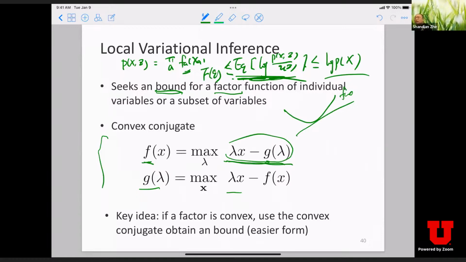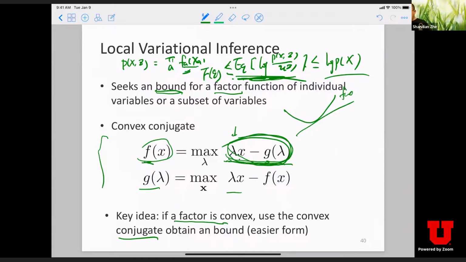So the idea is that if I have some factor which is convex, I use the convex conjugate to replace this factor in my probability distribution by its lower bound. What's the benefit? In this lower bound, regarding x, it is just a linear term: some lambda times x, subtracted by some function determined only by lambda.